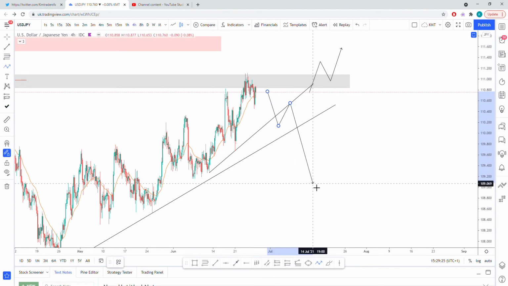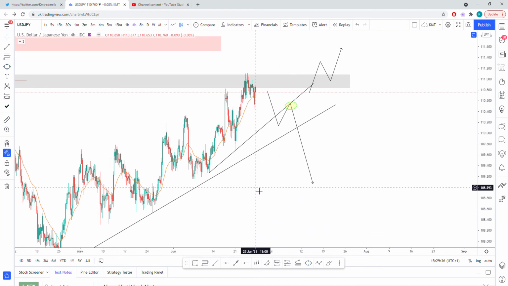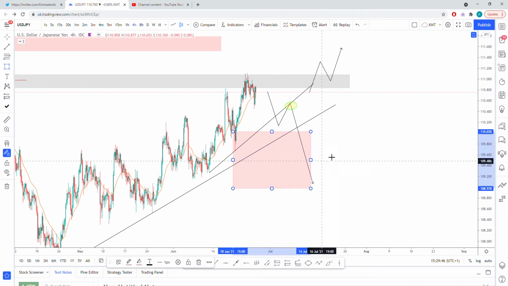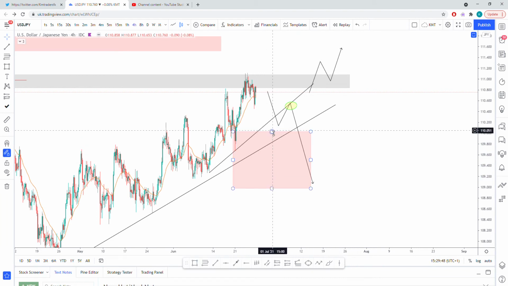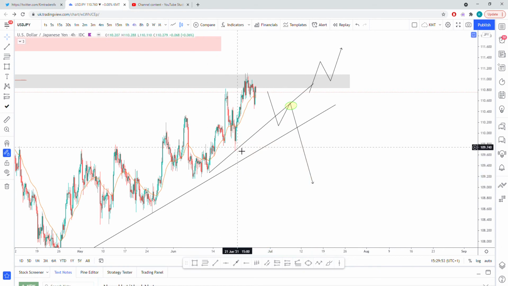Those are some key levels that you can look out for if you do want to take those sell-off opportunities. And I feel like if we break 109 or even the 110 level within this area here, and we start to see strength pushing lower, we could be looking out for continuation lows potentially in the next upcoming week.